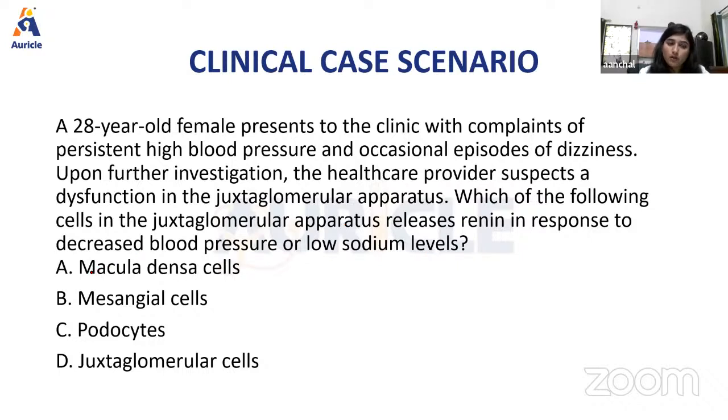Your options are macula densa, mesangial cells, podocytes, or juxtaglomerular cells. Yes, the answer is D, juxtaglomerular cells.